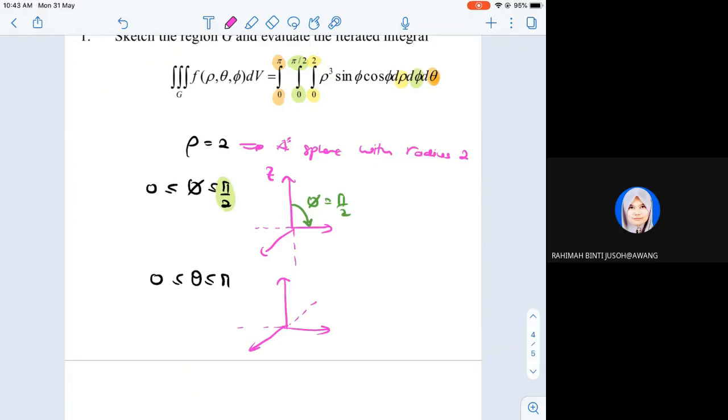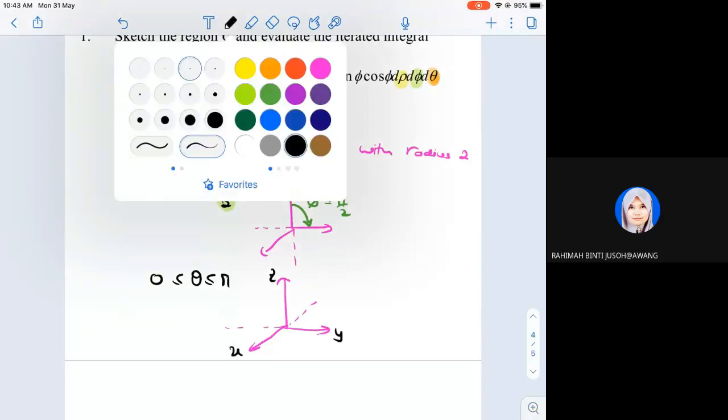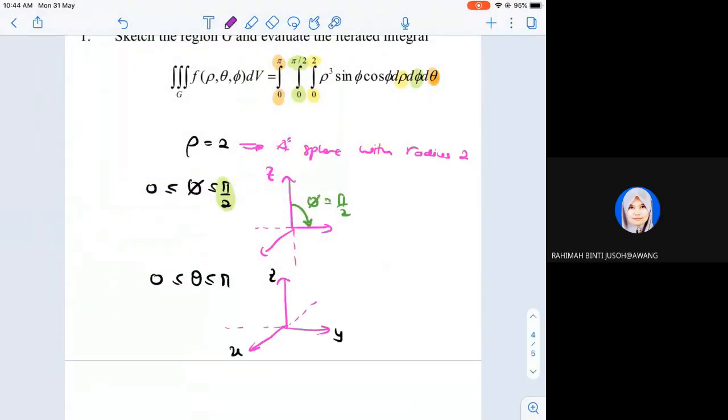Okay. So we have x, y, z kan. Alright, now theta, I'm using purple color. Theta from 0, so from the positive x-axis, until pi. So kosong sampai y-axis ni 90 darjah, sampai pi sampai belakang je.